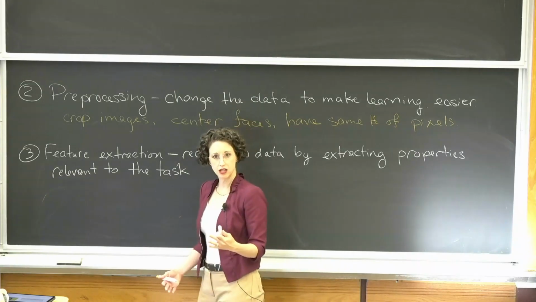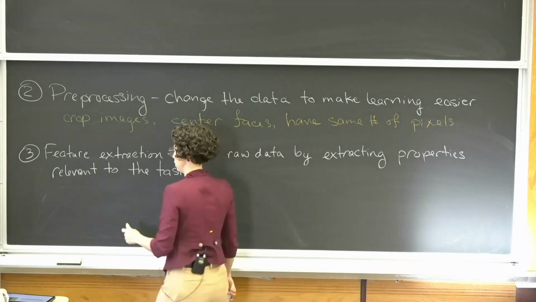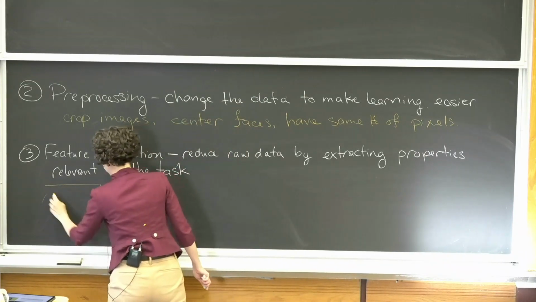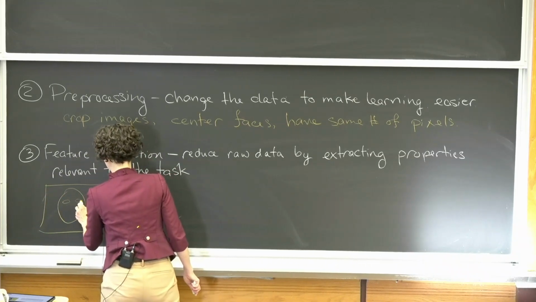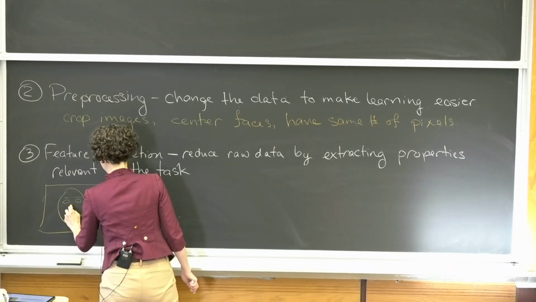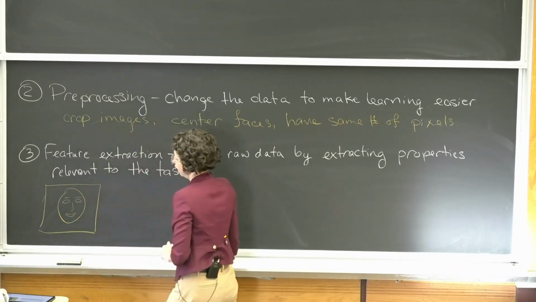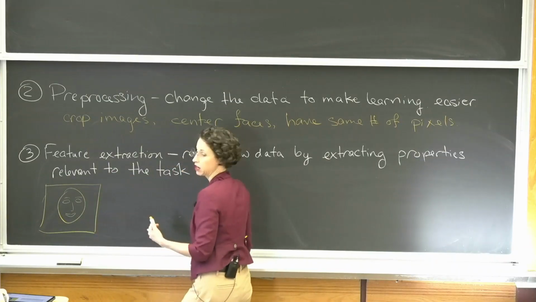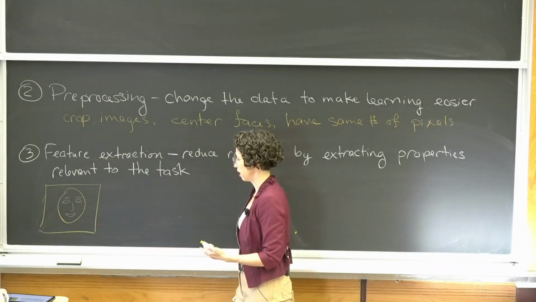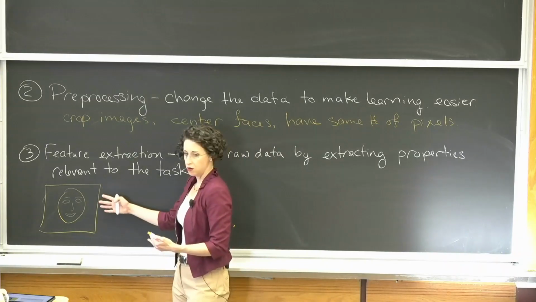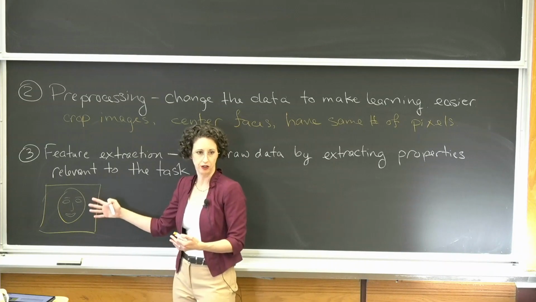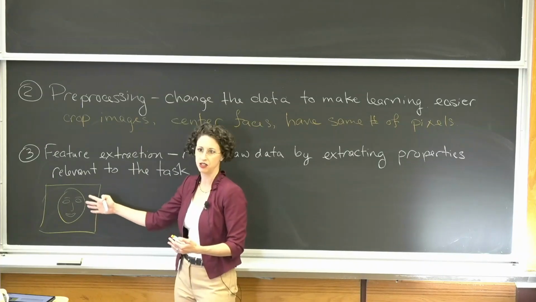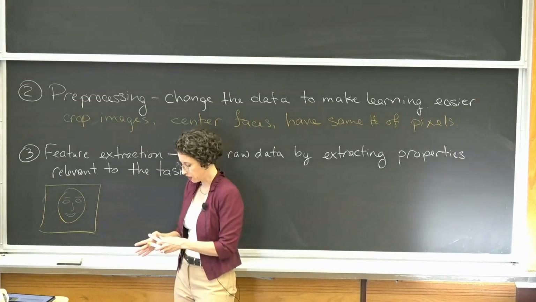So, for instance, in our facial recognition example, we have these images of faces that have eyes, eyebrows, a nose, and a mouth. And we want to make a prediction about whether this is smiling or not. In its raw form, this image is a list of pixel values. How much red and green and blue light is there at every single location in this image?